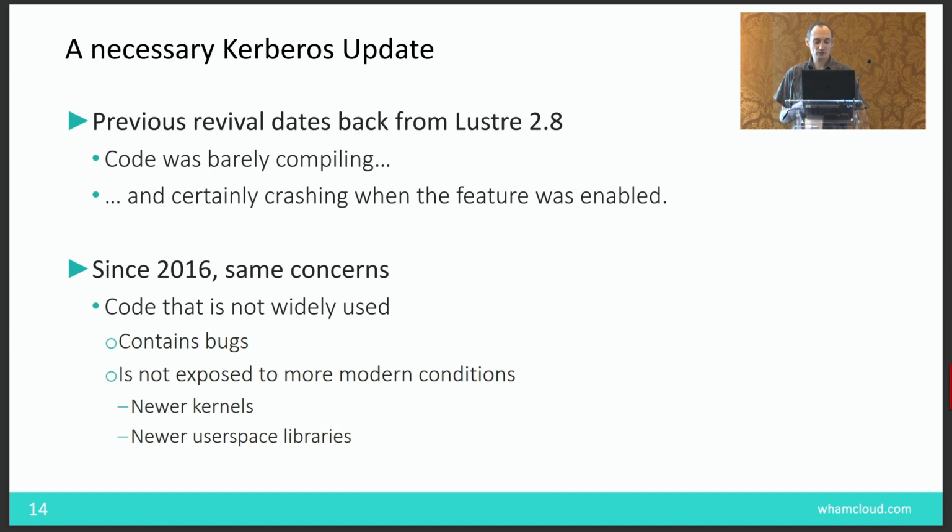So I worked at the time on fixing bugs, but this was done in 2016, and since then we still have the same concerns because this feature was not really used in the field, and of course code that is not widely used contains bugs, and also it's not exposed to more modern environments. So you haven't tested it with new Kerberos server implementations. You haven't tested it with new stuff in the GSSAPI, for instance. And this is why it needs to be revived once again.